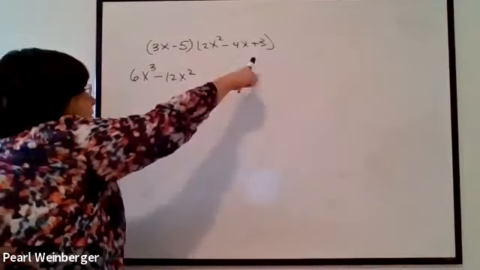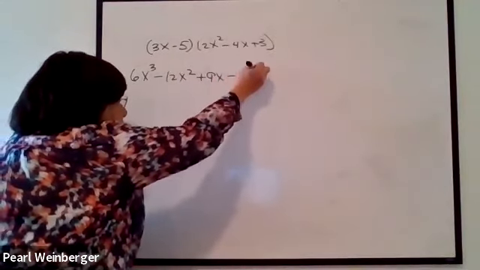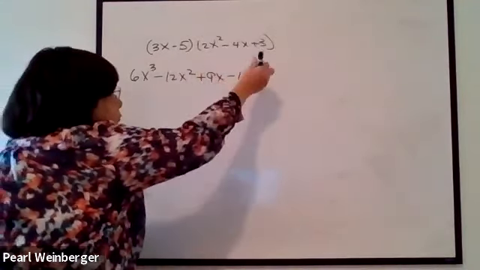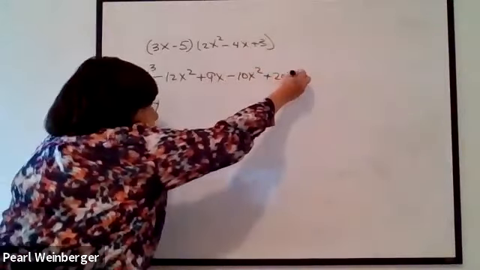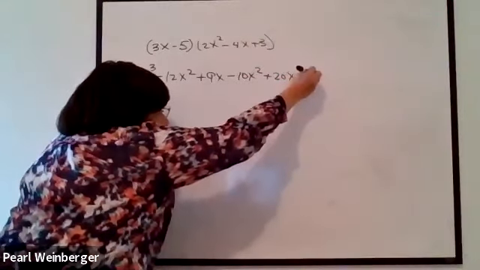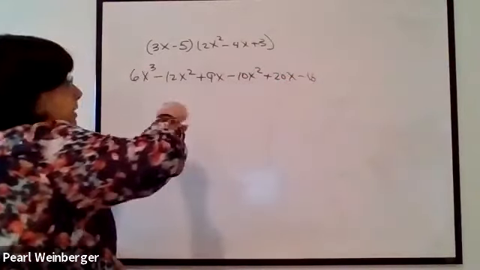Okay, so we've taken care of the 3x. Now we're going to the -5. -5 times 2x squared is negative 10x squared. -5 times -4x is positive 20x. And -5 times 3 is minus 15. Okay, I've done all my multiplications. I can tell that I've done them all because I have 1, 2, 3, 4, 5, 6 terms. Now I look for those like terms.